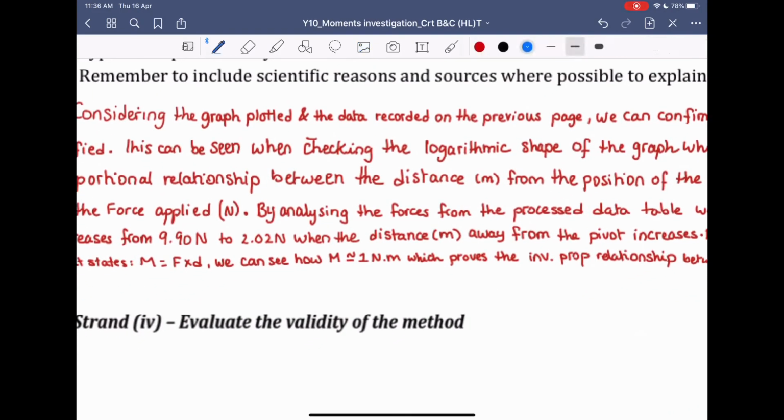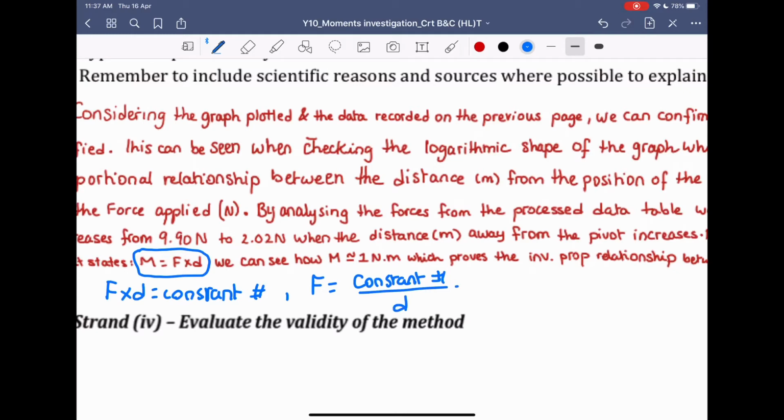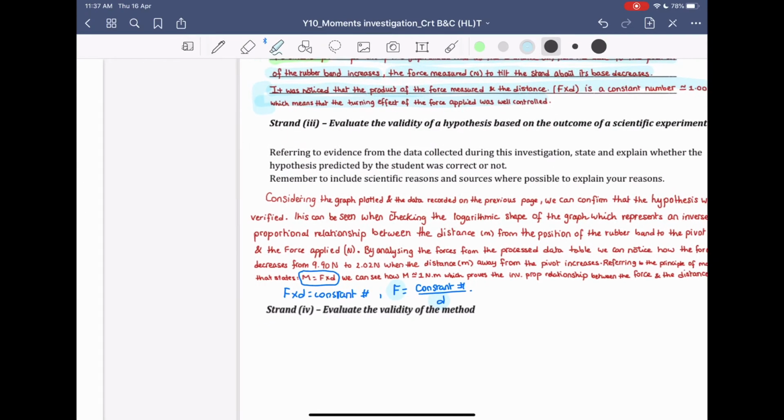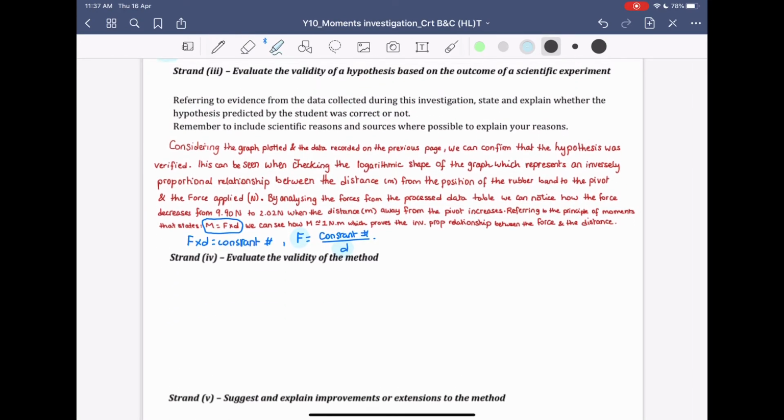If I rearrange this formula, if F times D is equal to a constant number, this means that the force is equal to the constant number divided by the distance. And this shows that force and distance are inversely proportional. Okay?